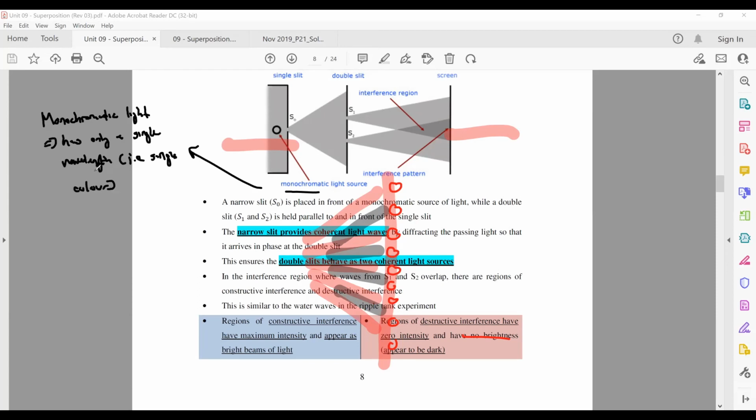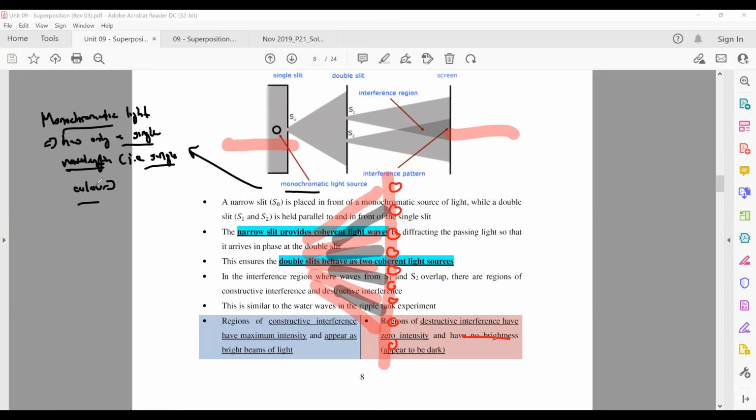Usually, when we do a double slit experiment to see the interference pattern of light, we tend to use monochromatic light. Monochromatic light means you have a single wavelength only for the light. That means you're dealing with only a single color. If you are not using monochromatic light, say you use a white lamp, like the lamp that you see in your room right now, the color is white, but it's not monochromatic.